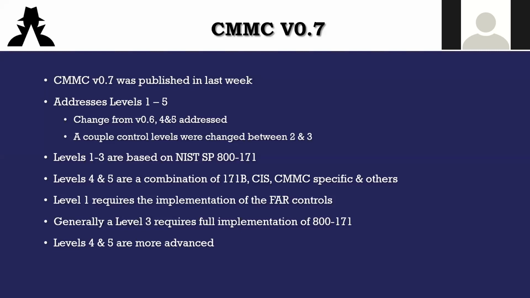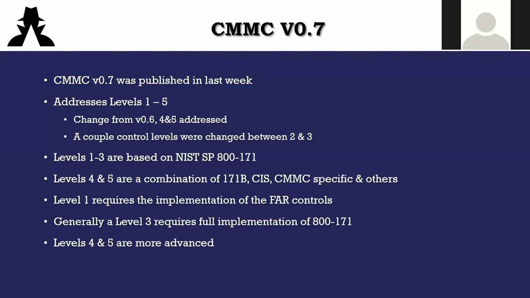So not from 171. If you had looked at 171B previously, it had some fairly esoteric and difficult controls. A lot of those were not included in CMMC, so I think a lot of people are pleased with that.